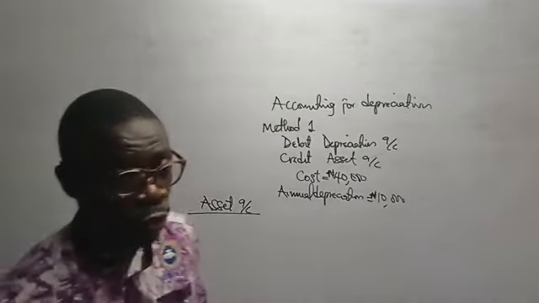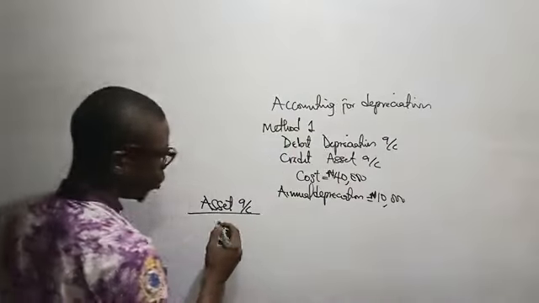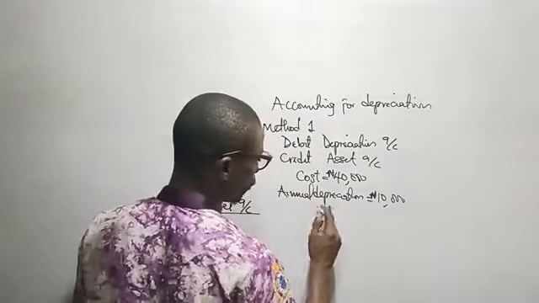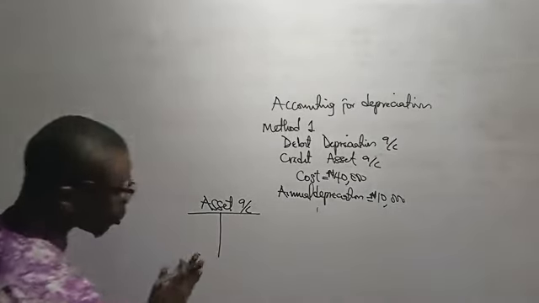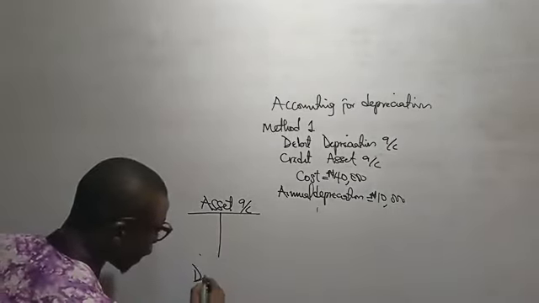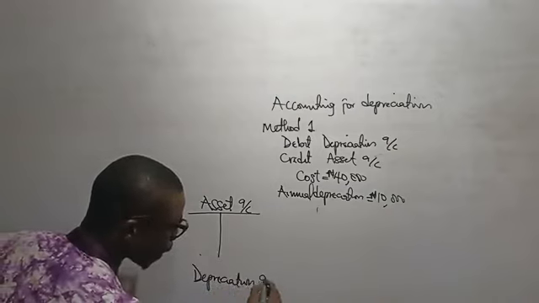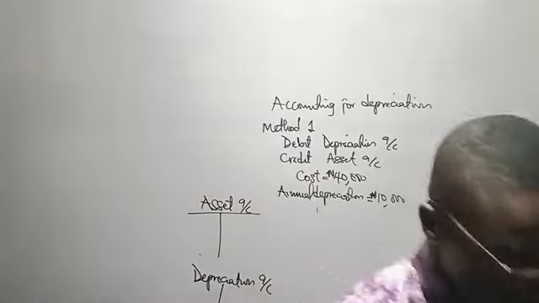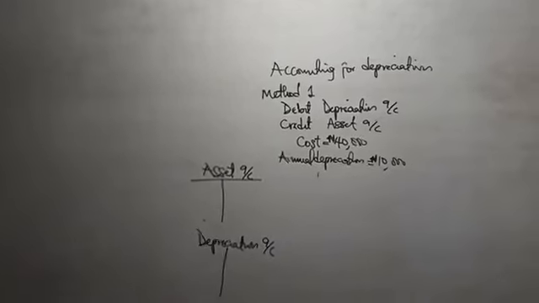So let's say you have the asset account and you have the depreciation account under method 1. So how do you now record the 10,000? Using method 1 and method 2.